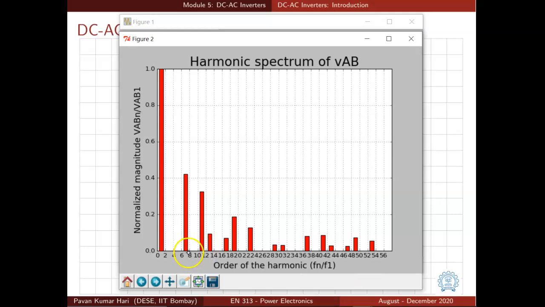It doesn't have third, fifth and ninth, of course. Then it doesn't have 15th. It will not have 21st. It will not have 25th, and so on. Now the harmonics are fewer, but you still have the 7th harmonic, 11th harmonic, and 13th harmonic, and that is why current is not sinusoidal.